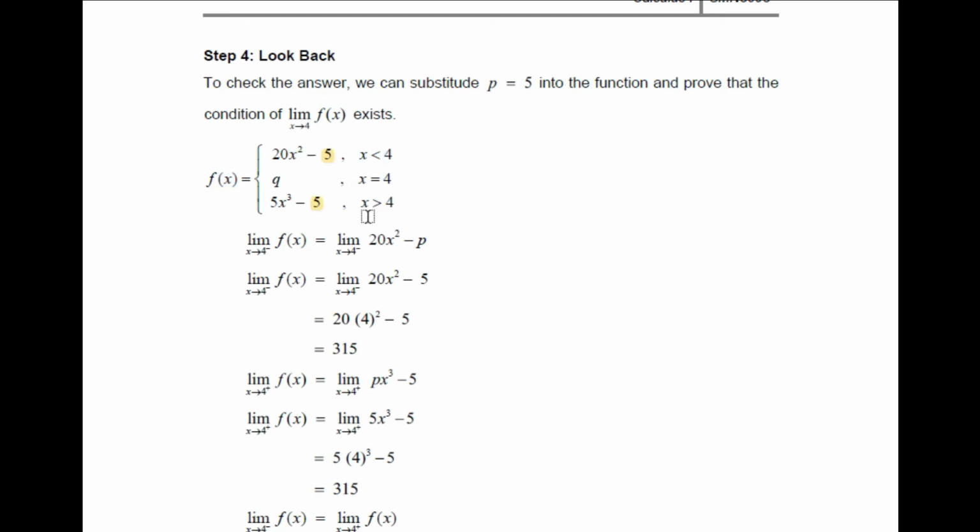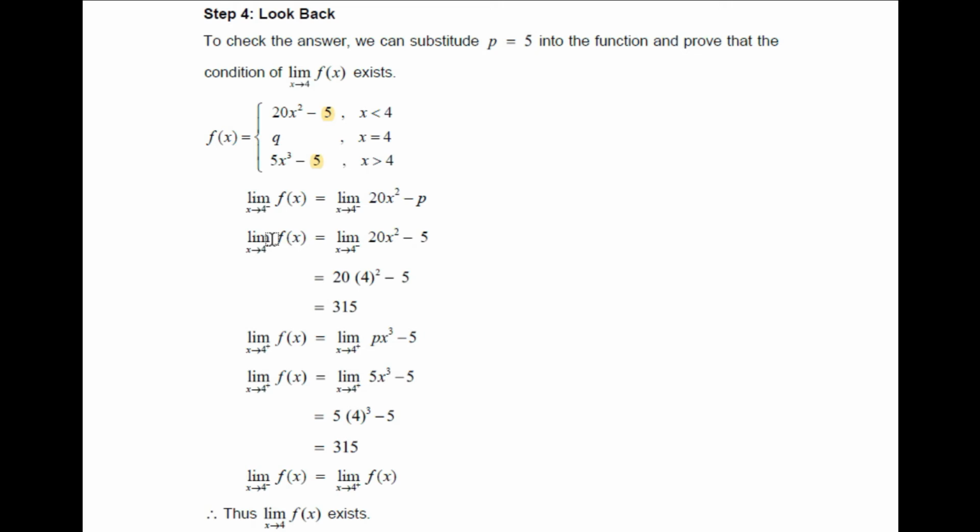So we check the limit of f(x) as x approaches 4 from the left first. We use the applicable formula as x approaches 4 from the left, which is 20x squared minus 5, and we solve this limit and we got 315.